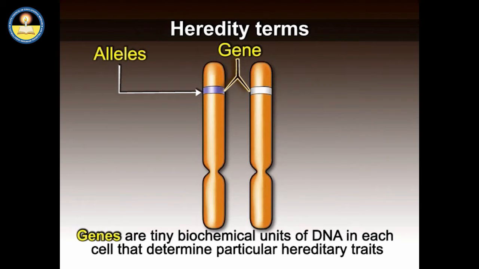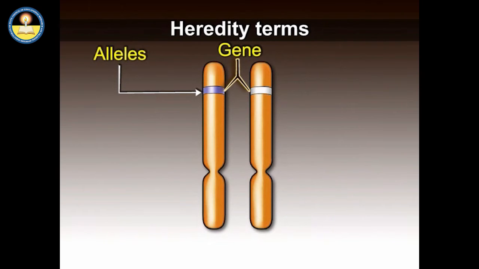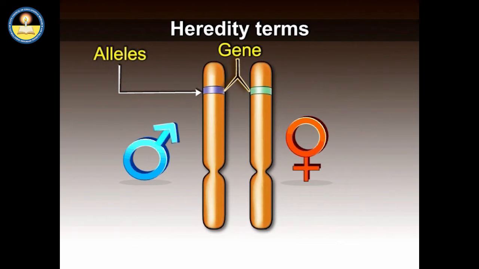Although an individual gene codes for a specific physical trait, it exists in two forms or alleles. One allele for every gene is inherited from each of that organism's parents, meaning one from father and the other from mother.